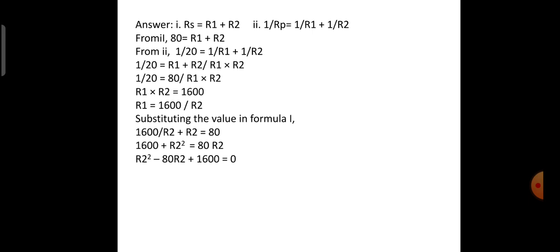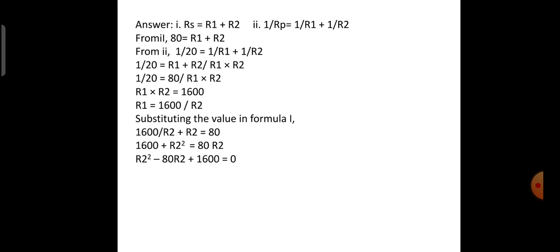The effective resistance we know is the sum of individual resistances in series, so R1 plus R2, and for parallel it is the inverse of the addition of resistances, that is 1 upon R1 plus 1 upon R2. Now here it is given R1 plus R2 is 80 and 1 upon R1 plus 1 upon R2 is 1 upon 20. So now let us substitute the values.